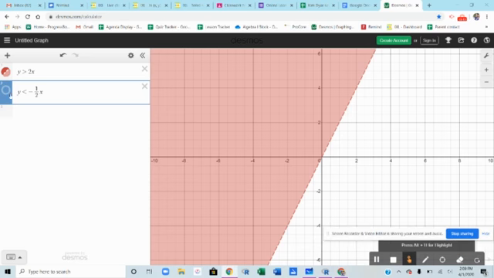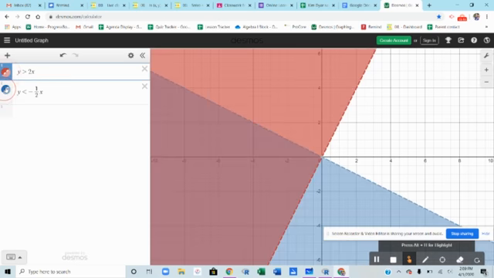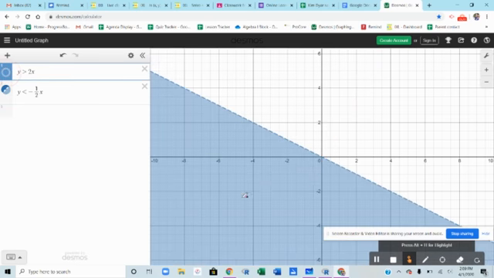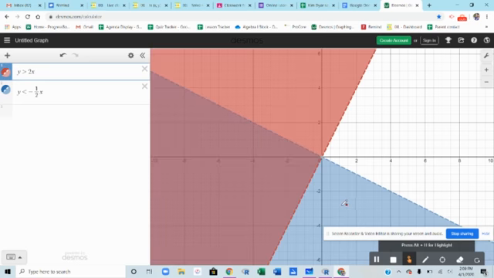That's my first inequality. Here's my second one, it's the blue one. So the system is both. Do you see how there's 1, 2, 3, 4 sections? The section that has both is your solution to the system. So this purplish color is the one section that is the solution to the system.